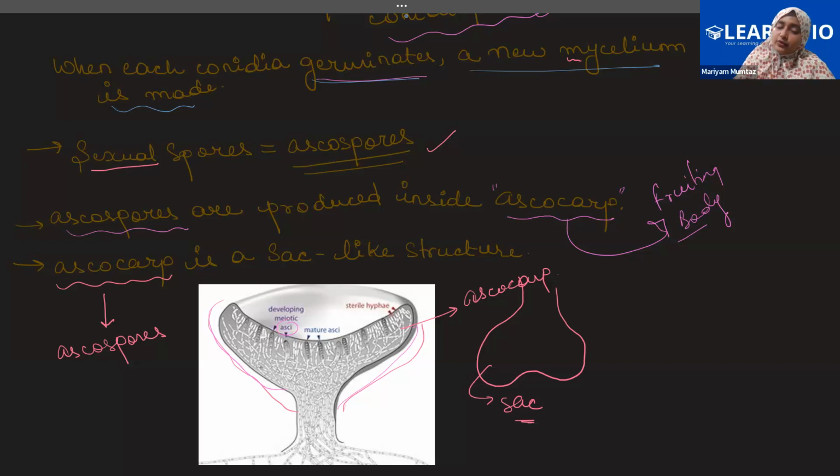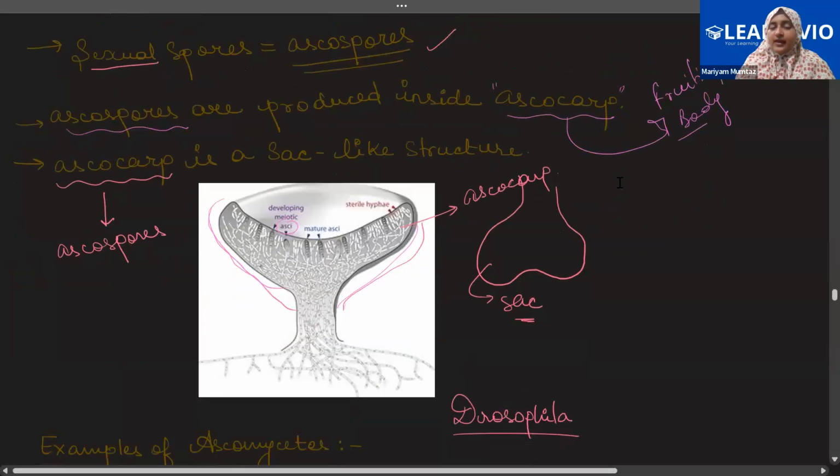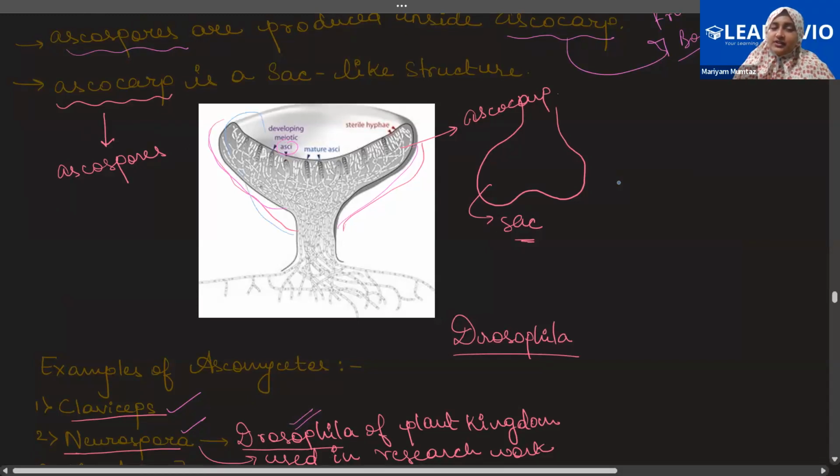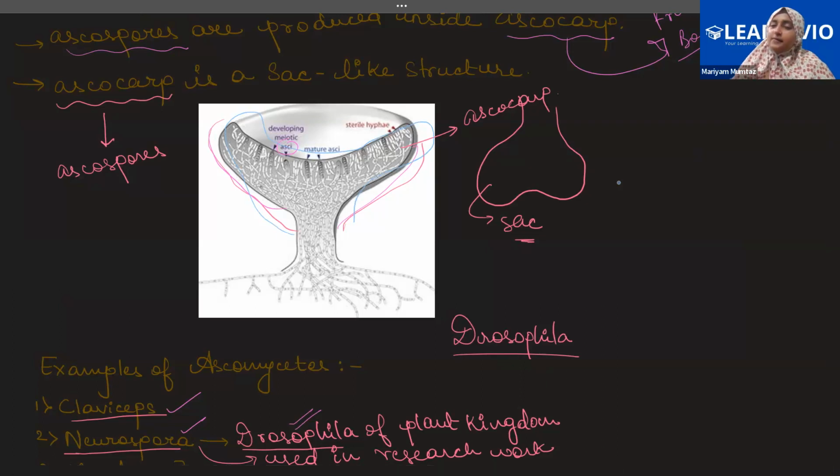Now, ascocarp is a sac-like structure and it gives rise to ascospores. So now you see that the ascocarp, which is the fruiting body, looks like a sac, isn't it? Because of this only, the ascomycetes are known as sac fungi. Sac means a bag, isn't it?